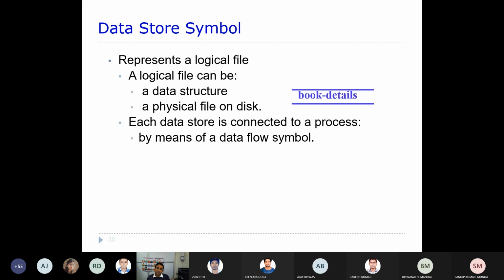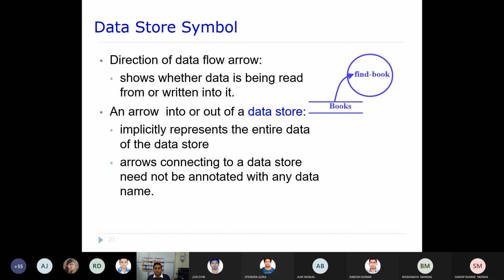Each data store is connected to a process by means of a data flow symbol. So from this particular book details store, the details will be fed as an input to the find book or search book processing. The direction is represented through the arrowhead. In this case some data is read from books and given as an input to the find book method.